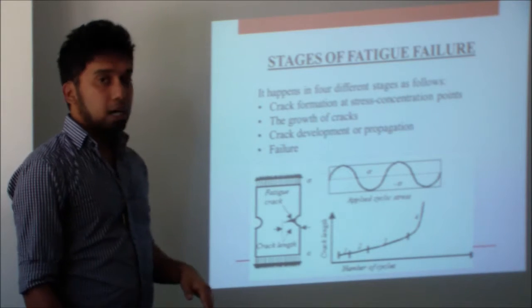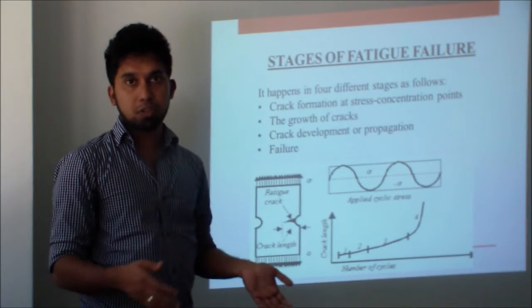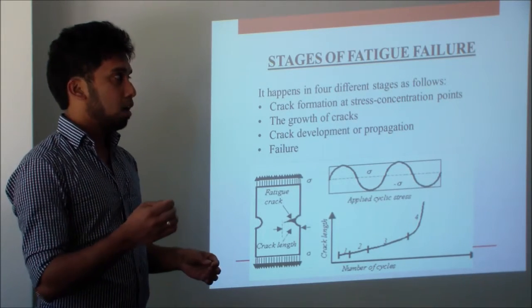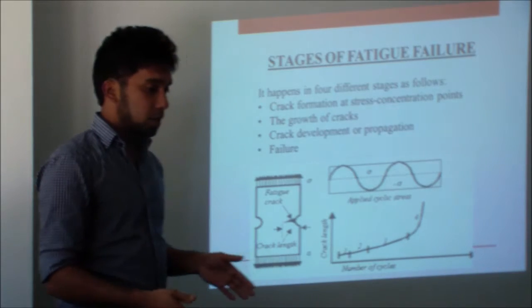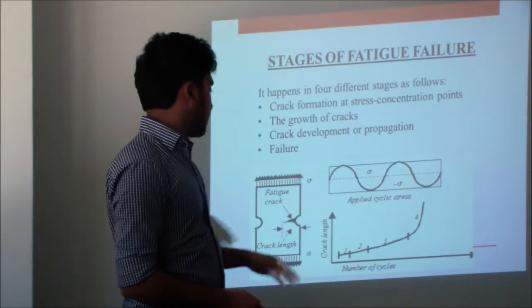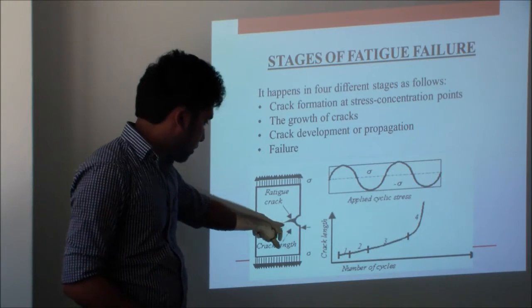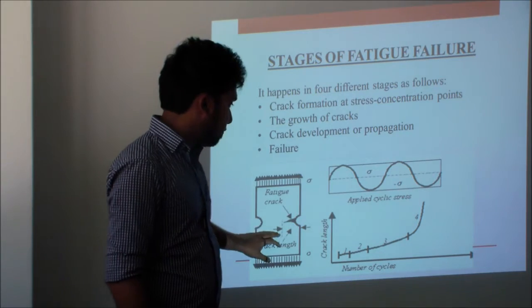The fatigue failure happens in four stages. First, the formation of a stress concentration point, like maybe a screw hole or separation between the boards, etc. Then growth of cracks, as shown here, then it will develop, ultimately leading to the failure.